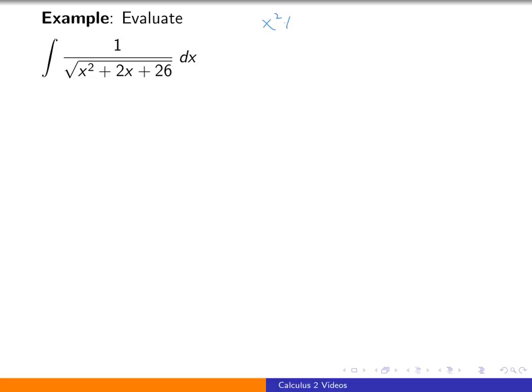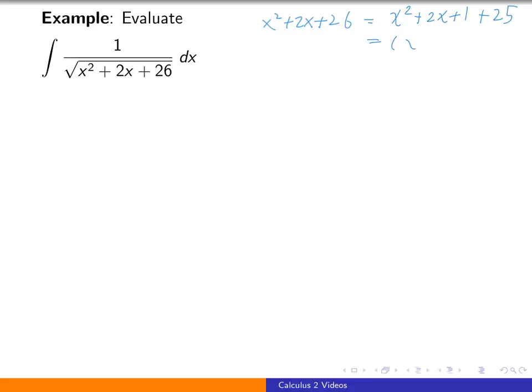If you have x squared plus 2x plus 26, looking at the coefficient of x, which is a 2, x squared plus 2x would be the first two terms of x plus 1 quantity squared. So thinking about completing the square, I'm going to rewrite this as x squared plus 2x plus 1 plus 25.